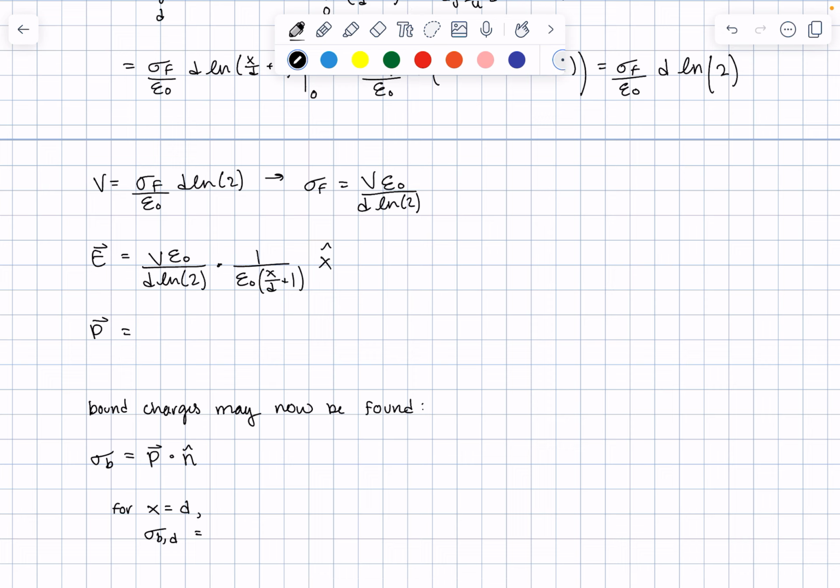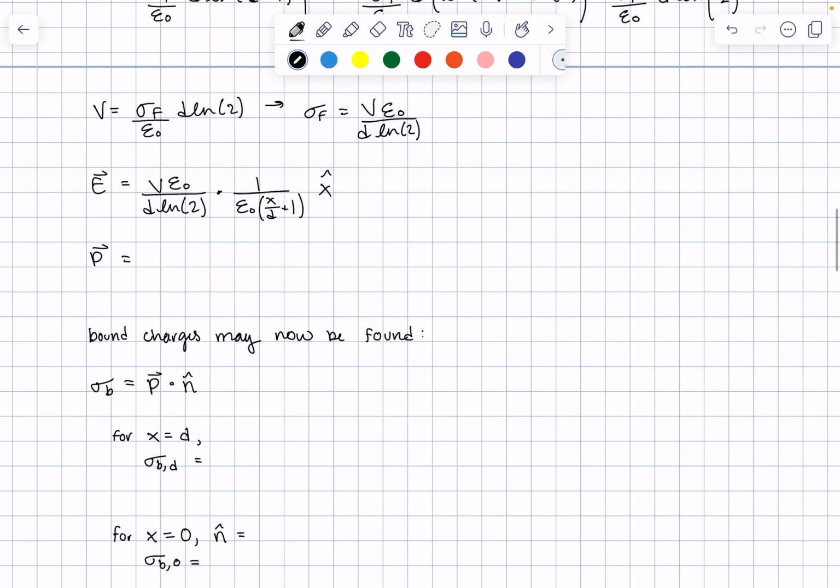So therefore, our polarization will be equal to epsilon naught times x over d times V epsilon naught over d ln 2 times 1 over epsilon naught times x over d plus 1 in the x hat direction.